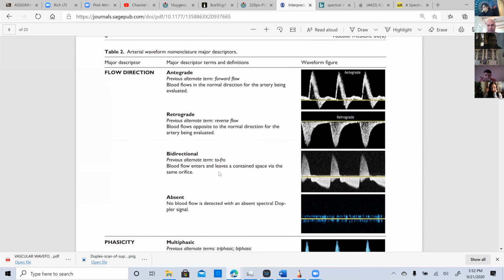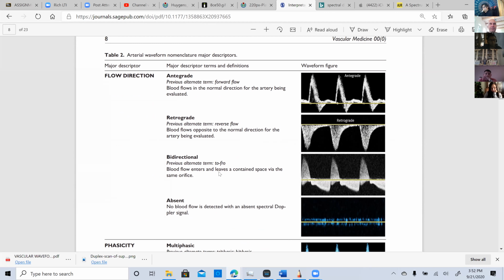Okay. Oh, good, my mouse is working again. Flow antegrade. What they're saying here is this is retrograde, assuming everything is set up correctly and this is definitely an artery, and this is below the baseline.